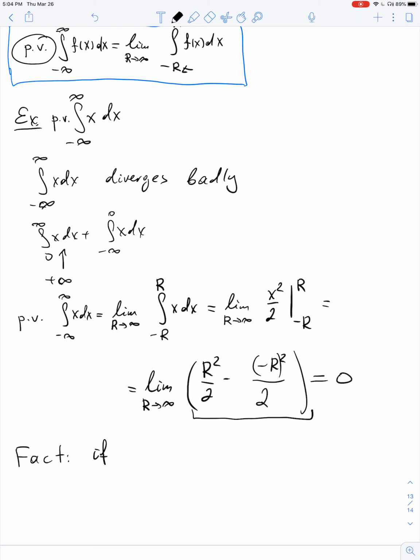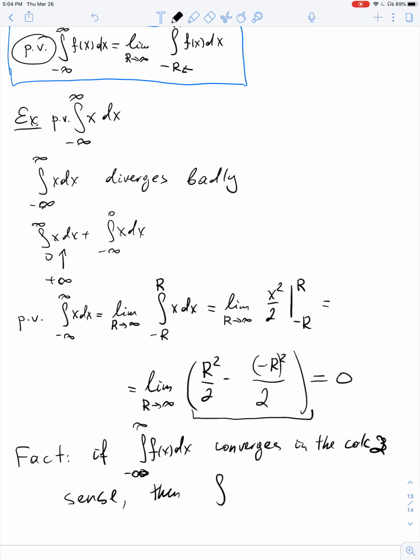If the integral from minus infinity to infinity of f of x dx, a real valued integral, not a complex one, converges in the Calc 2 sense, then it is equal to the principal value. So if it converges nicely, then it's all the same, but if it diverges, then the principal value can actually help it to converge.